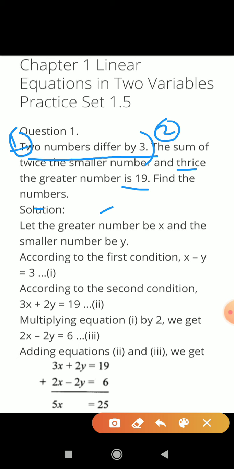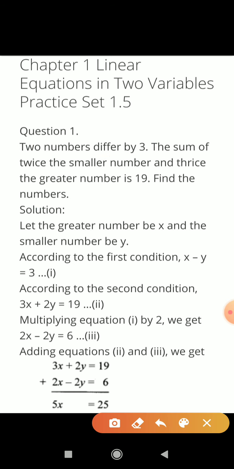Suppose we take the smaller number as y, so twice the smaller number is 2y, and its sum with thrice the greater number, which is x, so 2y plus 3x, and this is equal to 19, since the sum is given as 19. So this is our second condition. Like this we have to prepare the equations first and then solve those equations, and we get the answer easily.